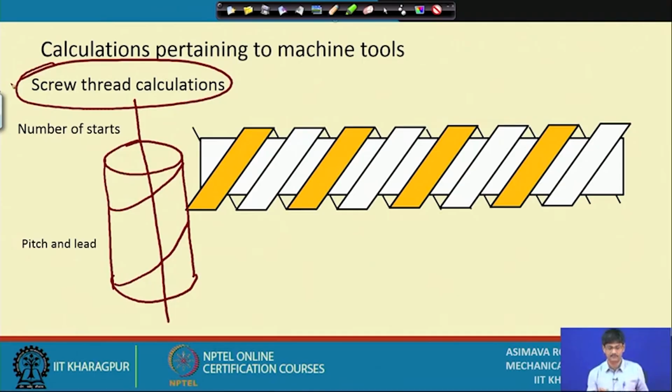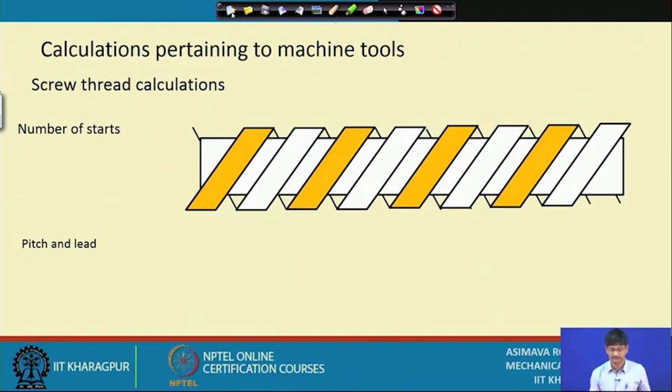Let us see how they help us. First of all, what is this screw thread doing? What information does it give us? For example, in a screw thread you will find that there are some typical definitions attached to it. For example, the distance between similar successive points on a thread. So, first of all, this is a helix. Similar successive points on a thread, it is called pitch. This one is called pitch.